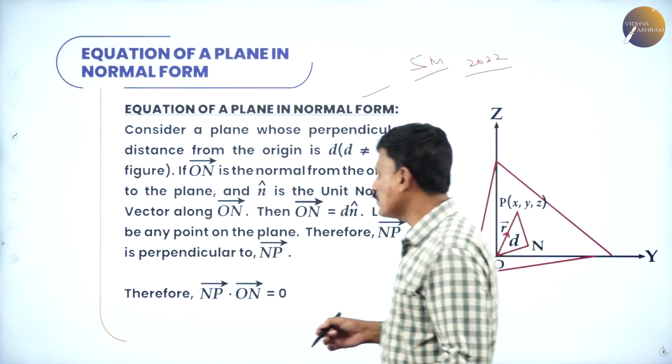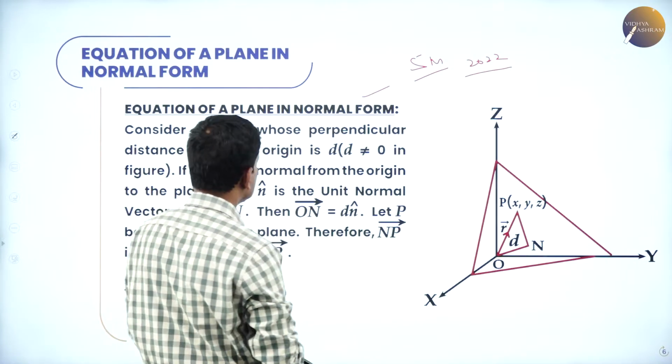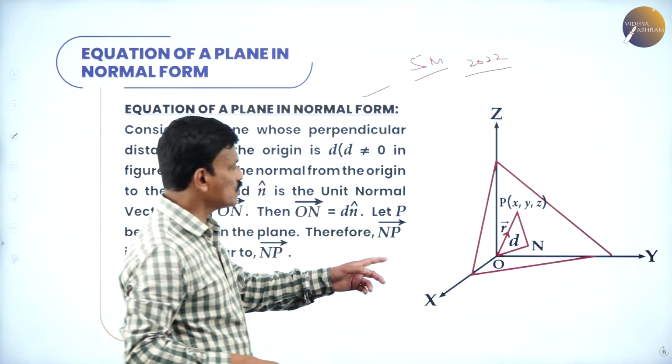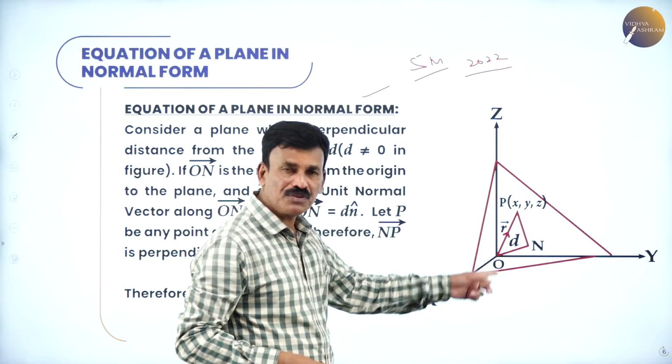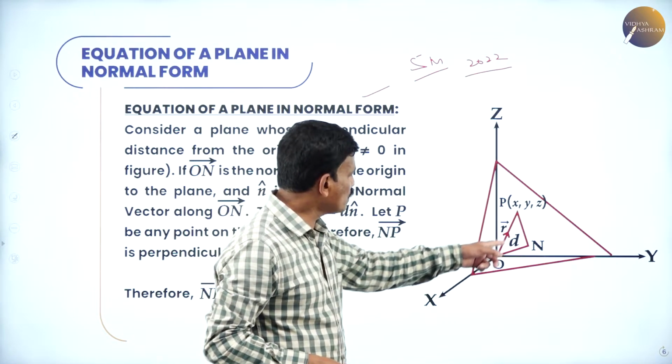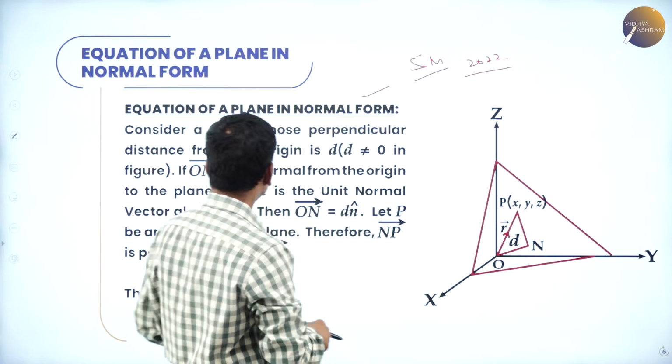Now let us consider a plane whose perpendicular distance from the origin is d, which is not equal to 0. d is the perpendicular distance from the origin.